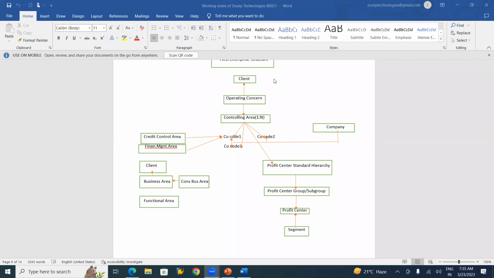It is a mandatory component to implement the credit management module.